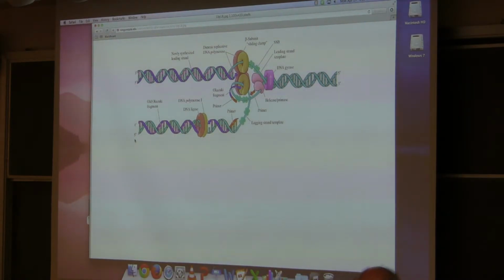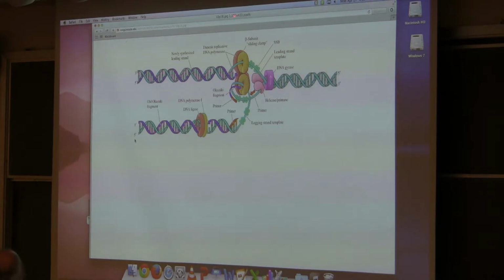Polymerase 1 is set up to fall off very nicely. Polymerase 3, on the other hand, is the one that does most of the replication of the DNA in a cell. It's the one going at 1,000 nucleotides a second. It's the one that we want in the trenches doing its thing. We don't want it falling off.